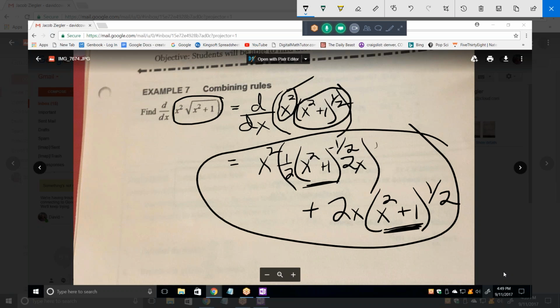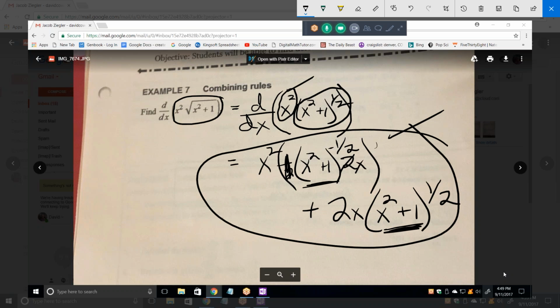In fact, the best simplification I can do is cross off that 1/2 with the 2. And I'd probably leave it like this. In other words, I would leave this as my answer. Let's not worry about simplifying it. First of all, it can't really be simplified. As I look at it, there's no simplifying that. Sometimes there is, but this one you can't.